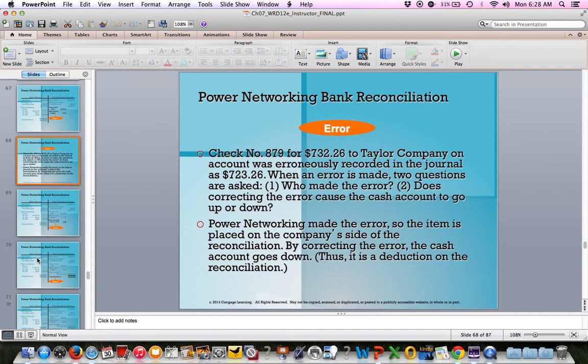Power Networking made the error, so it's on the company side. So we place it on the company side of the bank recon, and by correcting the error, the cash account goes down. Okay, the check was for $732. We recorded it as $723. We should have deducted $732, so we did not take enough out of the cash account by the difference between $732 and $723, which is $9.